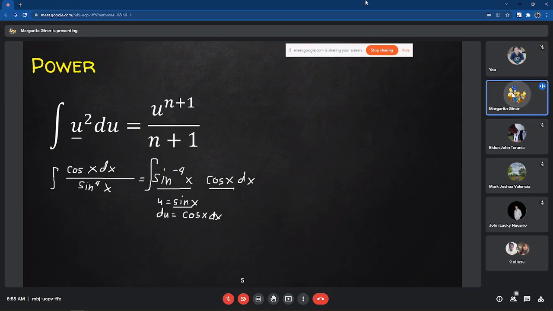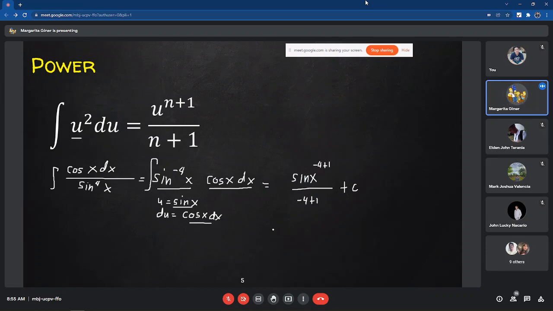This is the value of your du, it matches. So, that means you can use the power rule. Based on the formula, copy u, your u is sine x. And then, your exponent is minus 4 plus 1, divided by minus 4 plus 1, plus c.